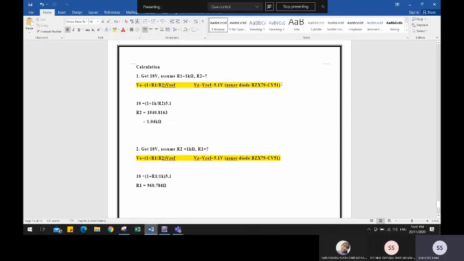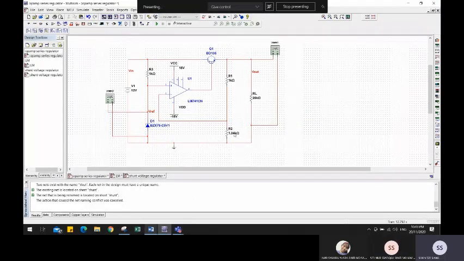So I'm using this formula: Vout equals 1 plus R1 over R2 multiplied by V reference. Vz is equal to the V reference, which is 5.1, the Zener diode value. Using the formula, we get R2 is 1.04 kilo ohm. So we set up here R2 equal to 1.04 kilo ohm, and R1 is 1 kilo ohm.